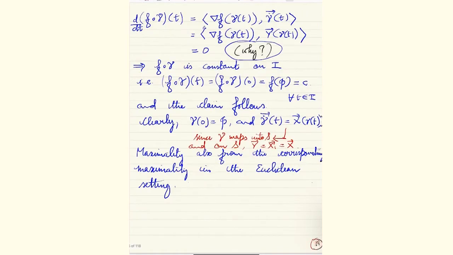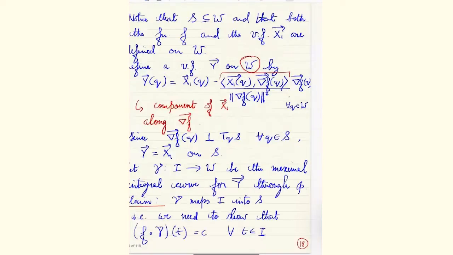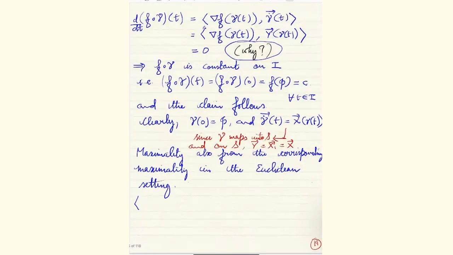So why are these two orthogonal? Why is the gradient orthogonal to y? That is merely by the definition of y. Either you can see it by calculating it out, or by noticing that it is the component along x1.